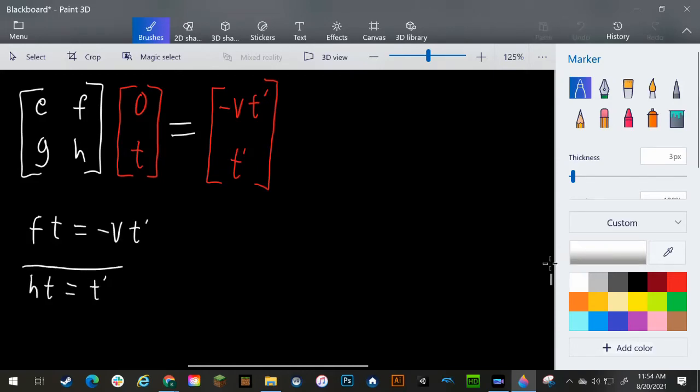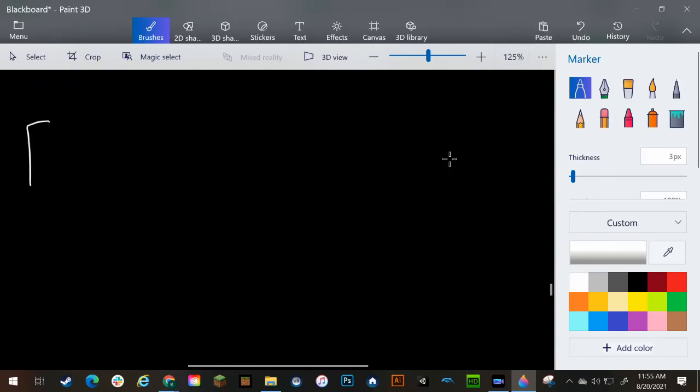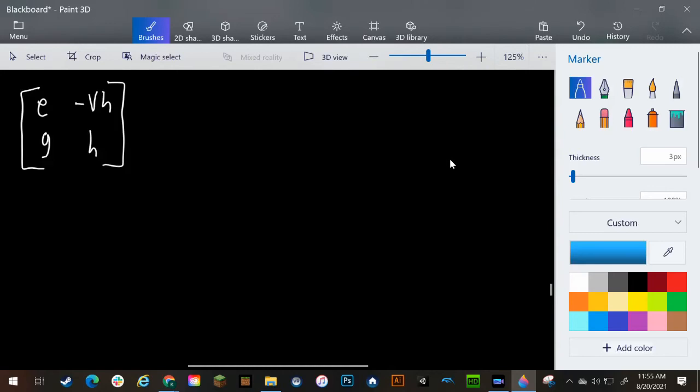And so here, equation 2 gives us a definition for t prime that we can plug into equation 1. And now, the time that we have on each side of the equation is the same variable, and since it's an arbitrary time, we can just divide out by t. And so we get that f is negative vh.